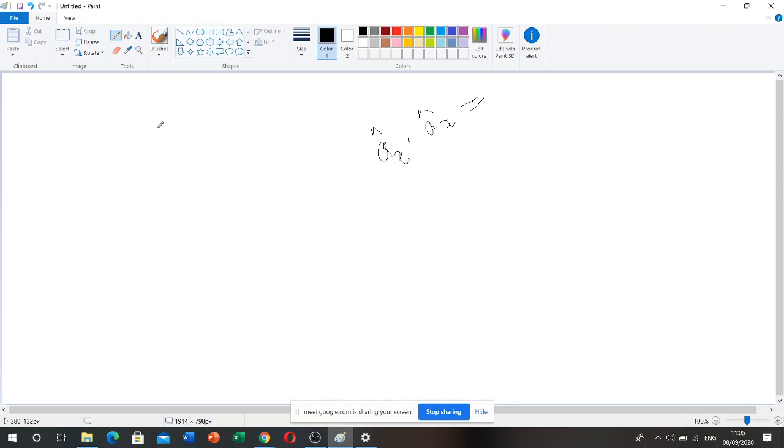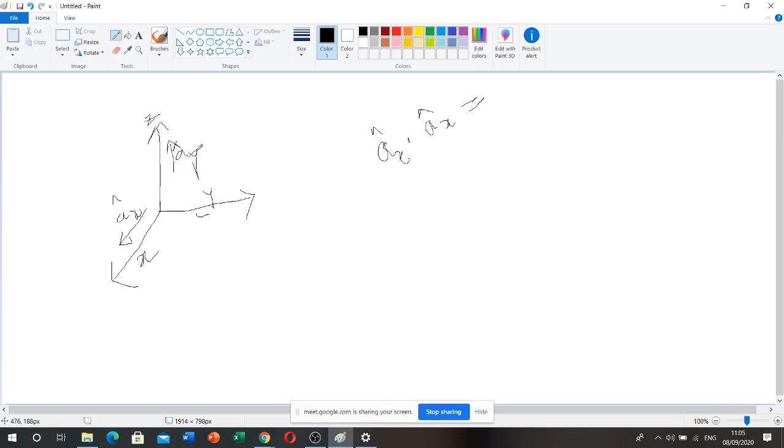So this is the x axis, y axis, z axis. This is the vector ax cap. This is the vector ay cap.